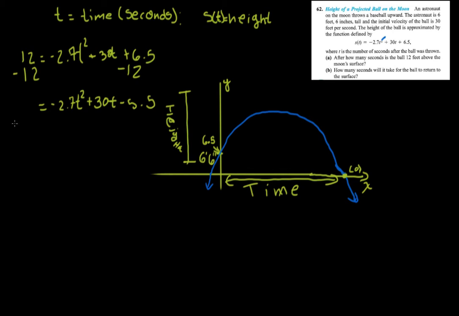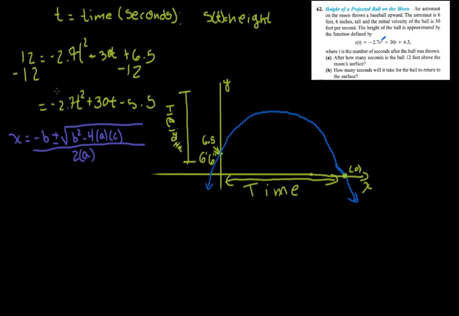So if you don't remember, or if you don't know it, this is the quadratic formula. The quadratic formula says that x equals negative b plus or minus the square root of b squared minus 4 times a times c, all divided by 2a, or 2 times a, however you want to do.